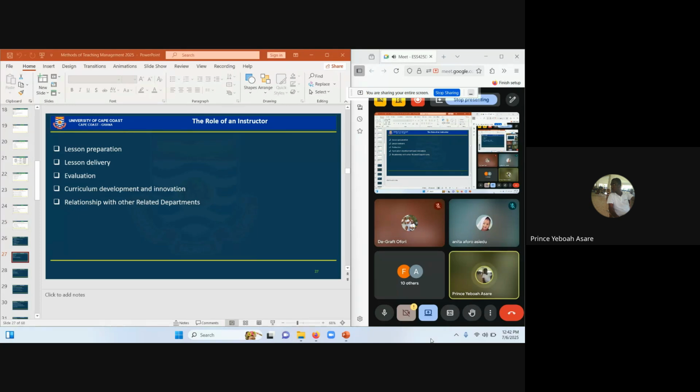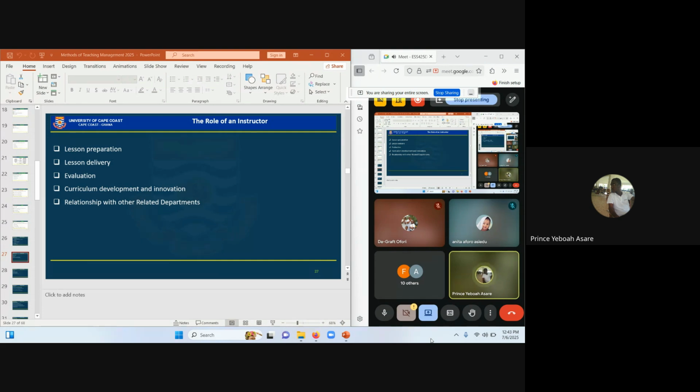Then we can talk about relationship with other related departments. So we have the business department, we have the social sciences department, we have the language department, and whatsoever. Note that by the structure of our program, there are some linkages in the curriculum or the subject.